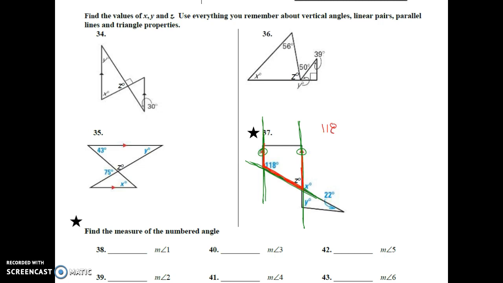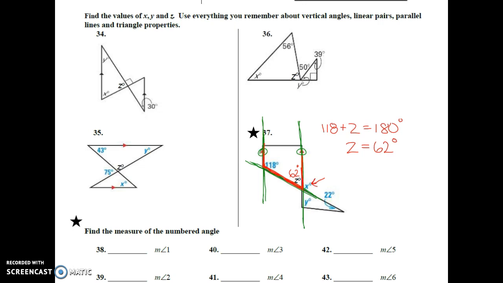So I know 118 plus angle Z has to equal 180 degrees. So subtracting 118 from both sides, I get 62 degrees for that. If I fill that in, that will help me with some of my other numbers. If I have 62 on this side, I know that x will be a linear pair to that.